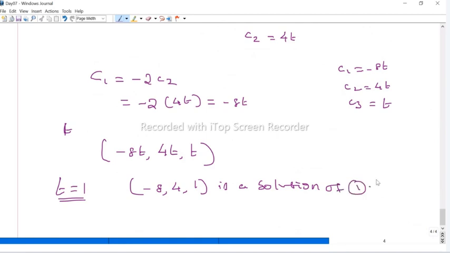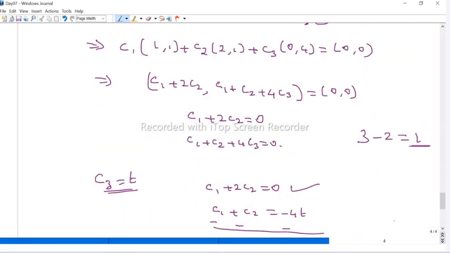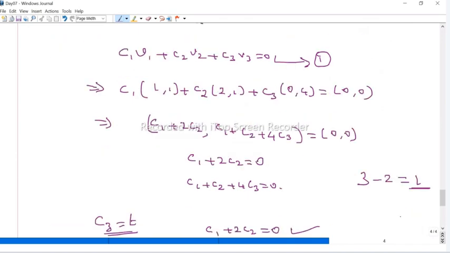Therefore, since equation 1 has a non-trivial solution, V1, V2, V3 are linearly dependent. So we call it a linearly dependent set or linearly dependent vectors, because we get a non-trivial solution of the vector equation.